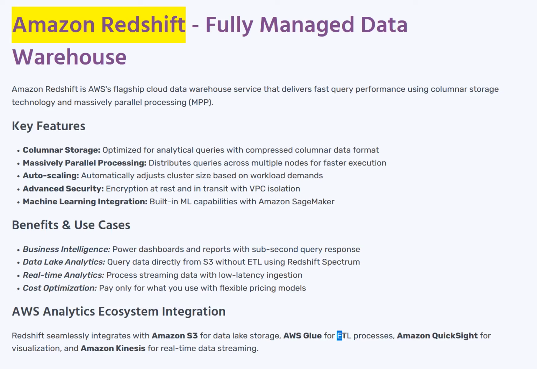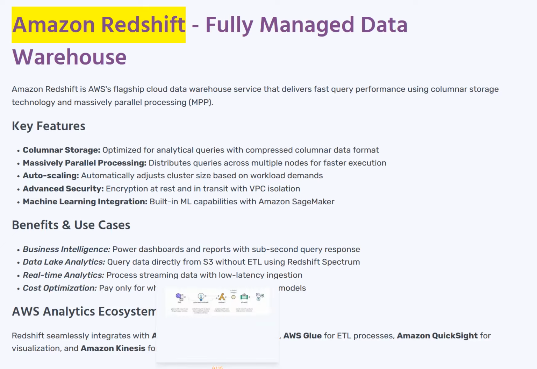So what is ETL? ETL is extracting, transforming, and loading data, right? Raw data. So Amazon QuickSight for visualization. So these visualization tools or reports are used when the data is cleansed and loaded. So you can get reports from there. And then Amazon Kinesis for real-time data streaming, as I showed you in the diagrams, right?